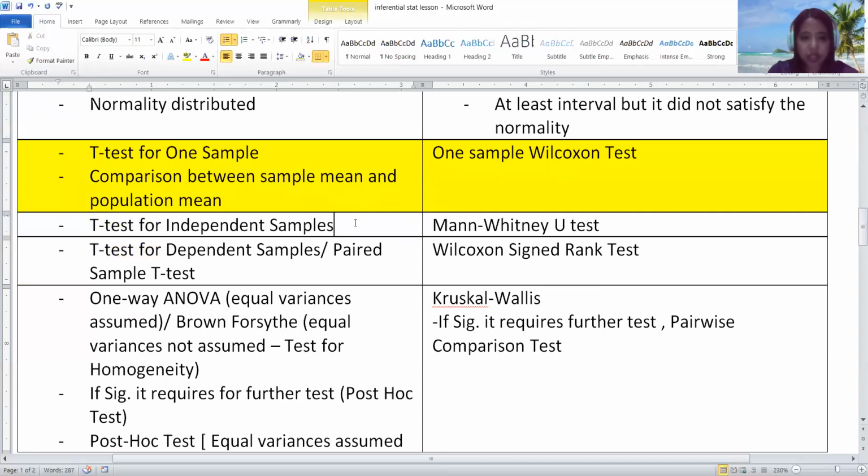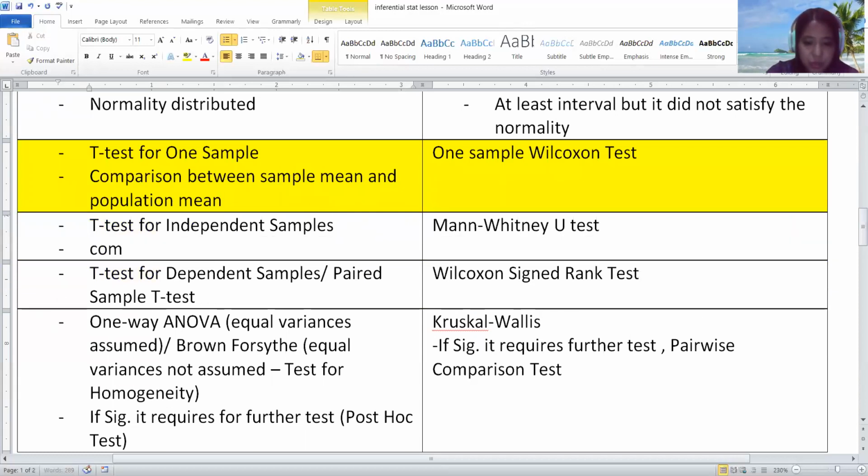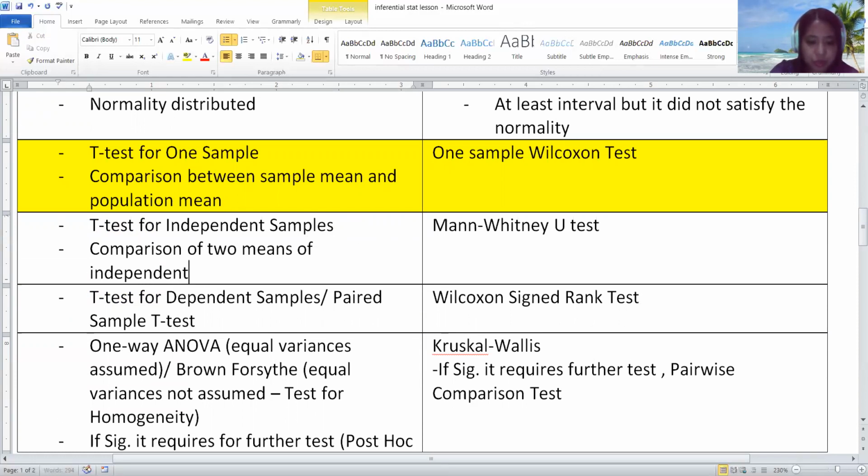T-test for independent samples, so this is comparison of two means of independent groups. And if we failed again to meet the condition, then we're going to use Mann-Whitney U-test.